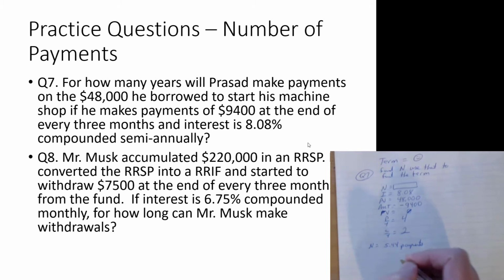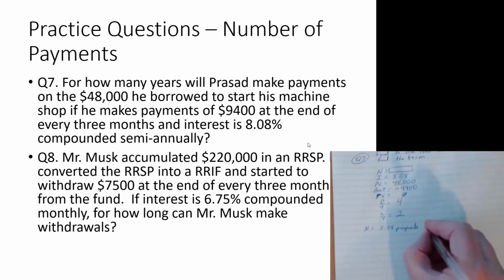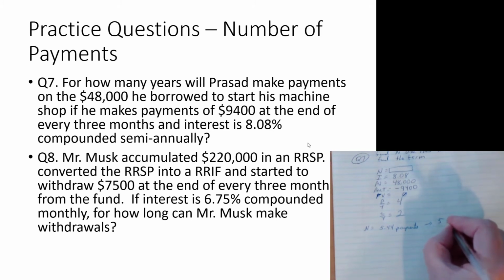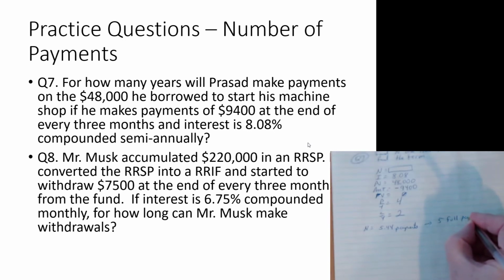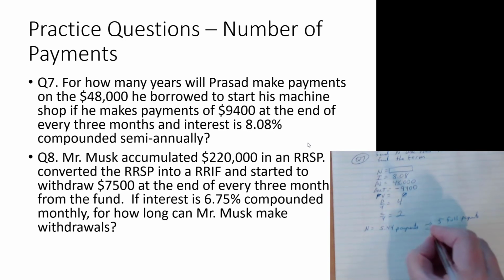Now, what does that represent? That represents 5 full payments and 1 partial payment, right? 1 partial payment of 0.44 of our regular payment. Total of 6 payments. And again, 5 full payments, 1 partial payment. When does that partial payment happen?